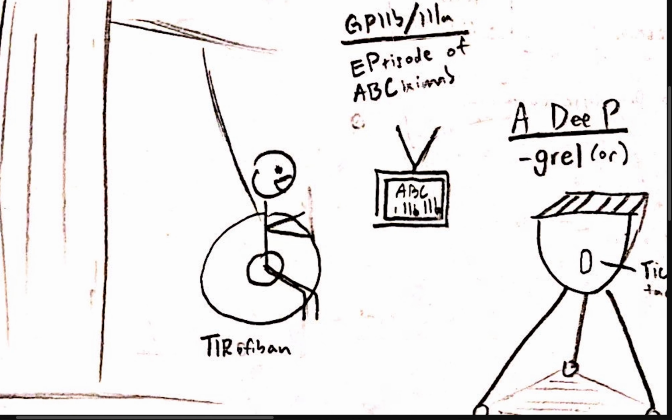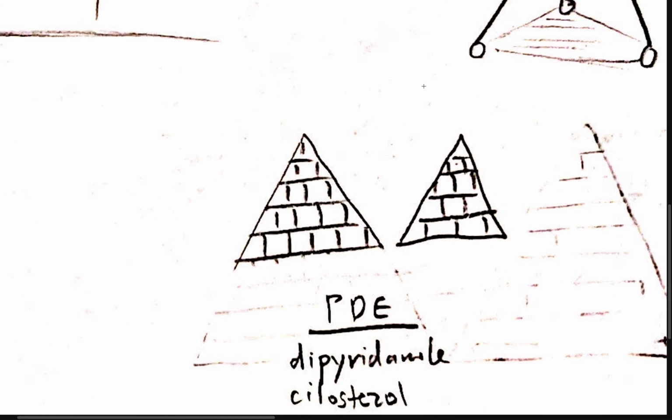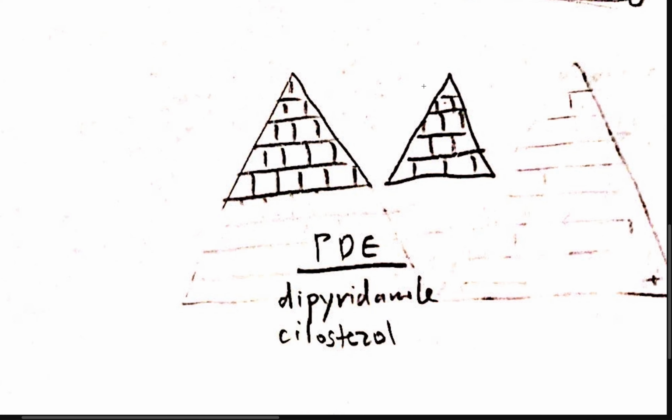The next thing that we're going to look at here is the PDE inhibitor. PDE is acting on the intrinsic pathway of primary hemostasis. There's 2 drugs that act on PDE. Notice PD kind of sounds like pyramid, and also in this drug name there's sort of a word that looks like pyramid.